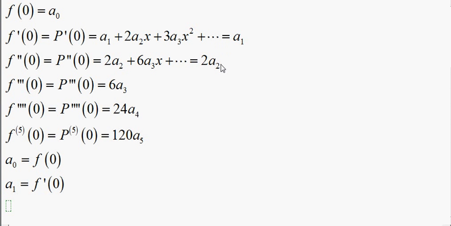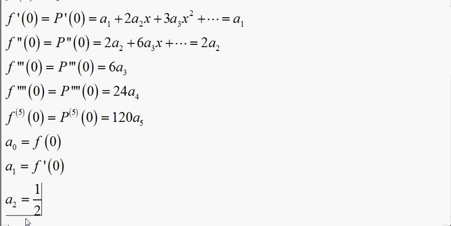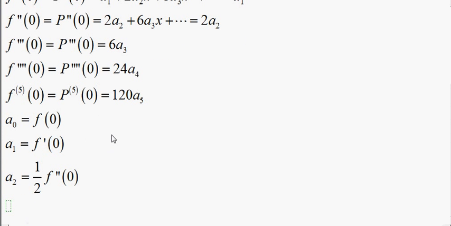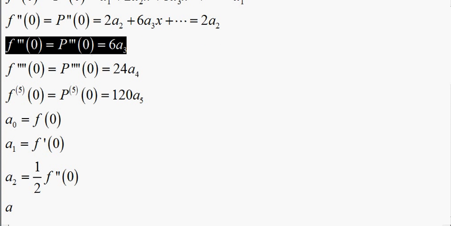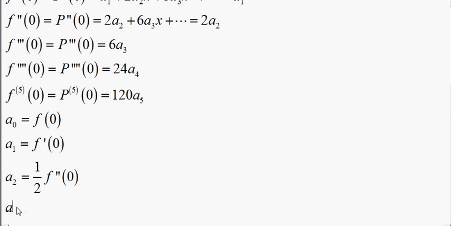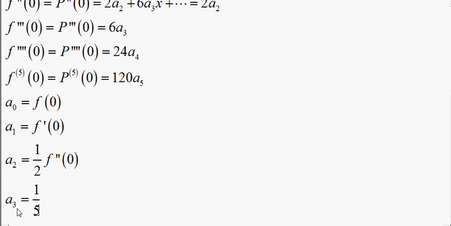Then a2, if you solve for a2 in this, is equal to 1/2 f double prime of 0. And then you solve for this equation right here, you get a3 equals 1/6 f triple prime of 0.